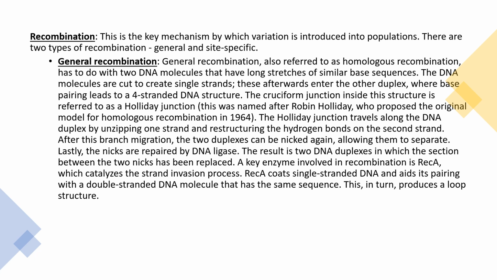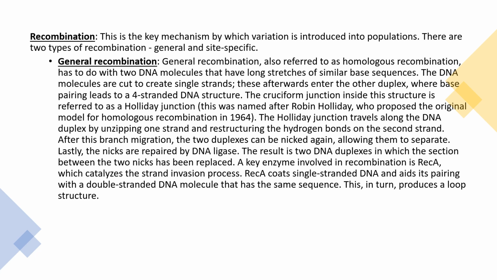The DNA molecules are cut to create single strands. These afterwards enter the other duplex, where base pairing leads to a four-stranded DNA structure. The cruciform junction inside this structure is referred to as a Holliday junction. This was named after Robin Holliday, who proposed the original model for homologous recombination in 1964.